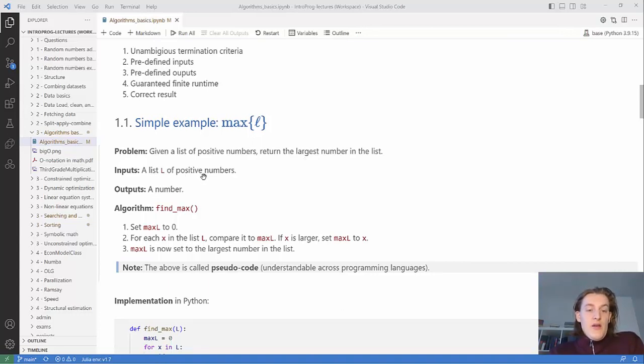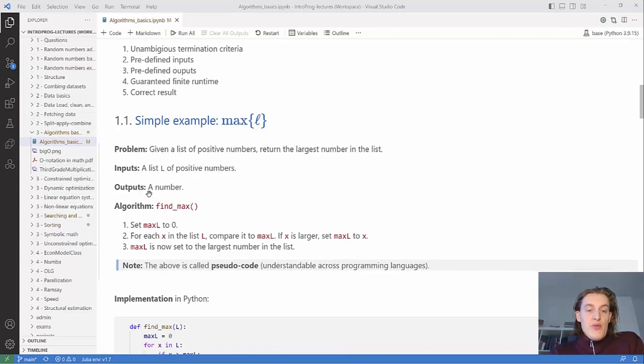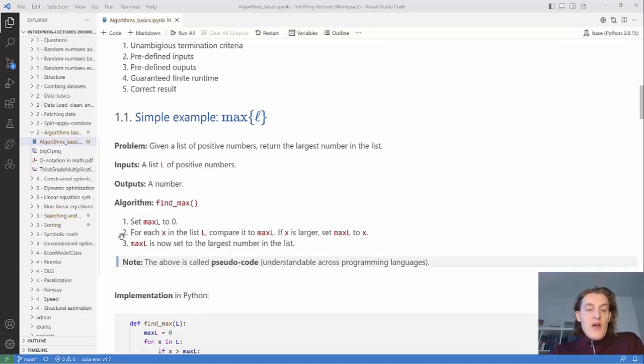So the input is a list L of positive numbers, and the output should be one number, the maximum value of all the elements, and then you can have the algorithm here. This is one way to solve this problem. This is pseudocode, so it's telling you exactly what your computer should do, but in human words.